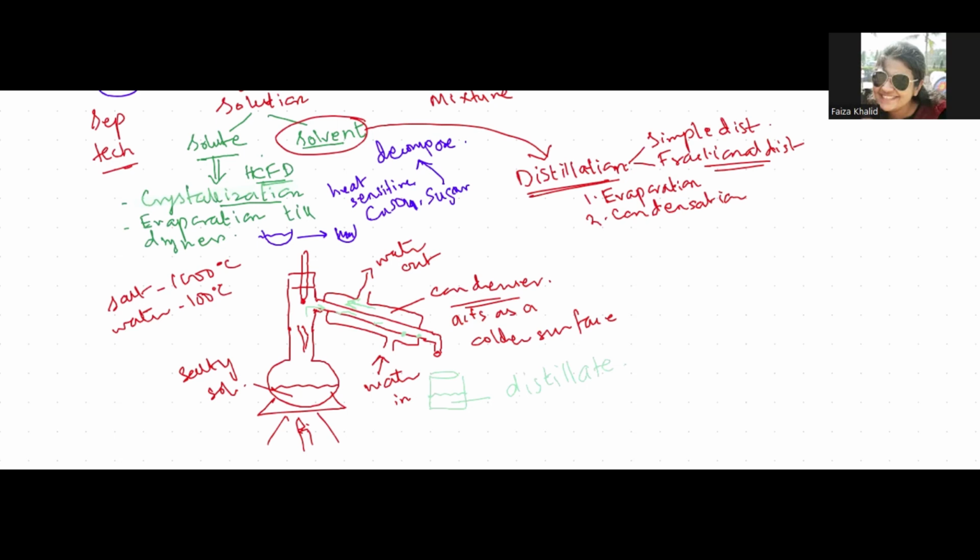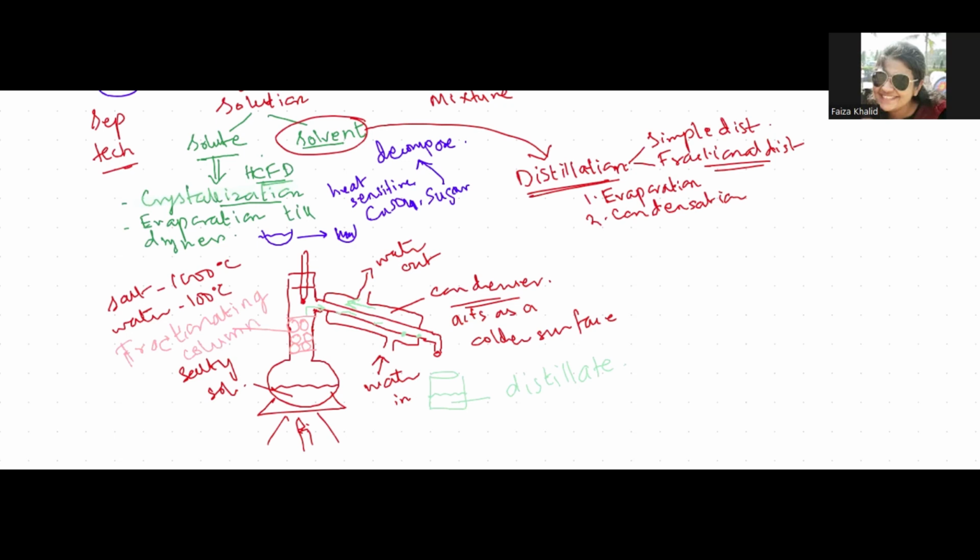Then you can make this turn into fractional distillation as well. The same apparatus, you just have to add one thing. What is that one thing? If you want to make this simple distillation turn into fractional distillation, then you have to add a fractionating column.